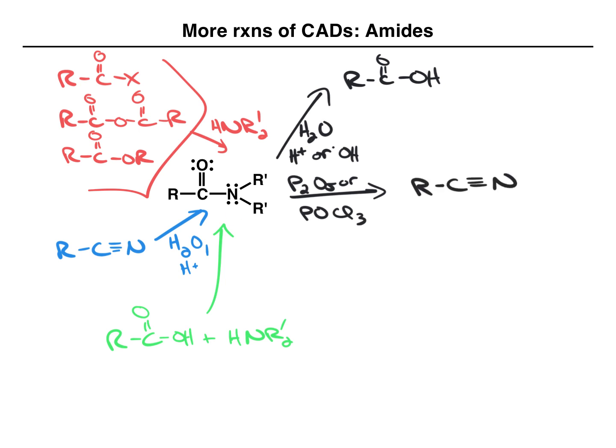And this would only work on primary amides where both R primes are hydrogens. Or amides can be reduced using lithium aluminum hydride followed by water to give an amine.